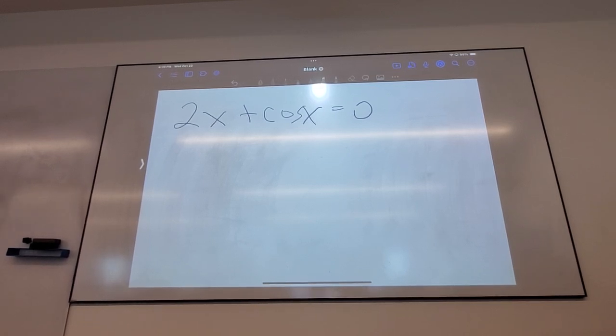Yes, it only touches the x-axis. I have to show that it can only have one location where, for example, cosine x equals negative 2x. There can only be one place where that's true. So what would that mean cannot happen then?